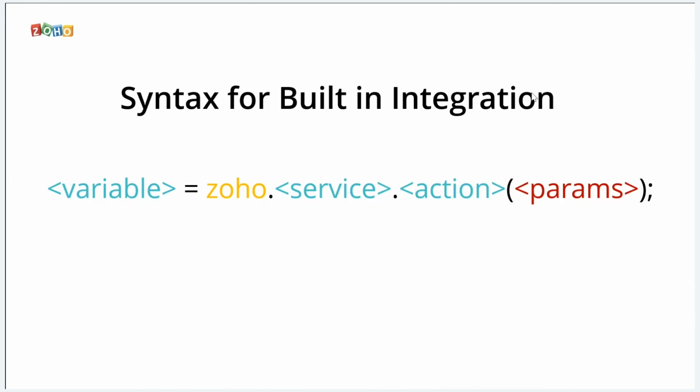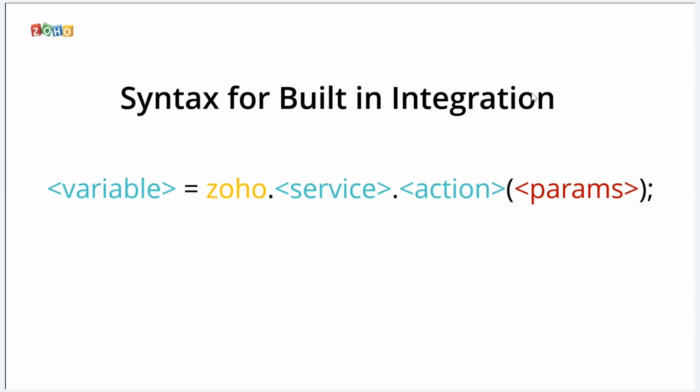And as soon as you click on the dot again after selecting the service, it will give out the actions that are pertaining to that service, right? So depending upon the service that you select, the action changes. And with the actions that change, the parameters are set.